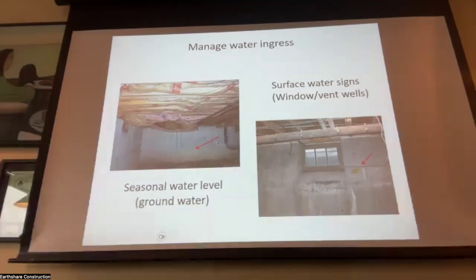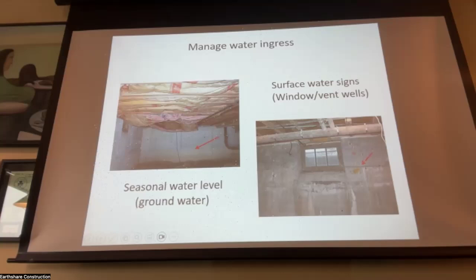Here you can see, this is a seasonal water. I'm going to talk about seasonal high groundwater levels. And that's the level up to which you need to provide your drainage. So if you're going to put in a drainage system that carries the water that comes in through the foundation by diffusion or by bulk water transfer, you want to run that drainage system up the wall so you're above the seasonal high water.